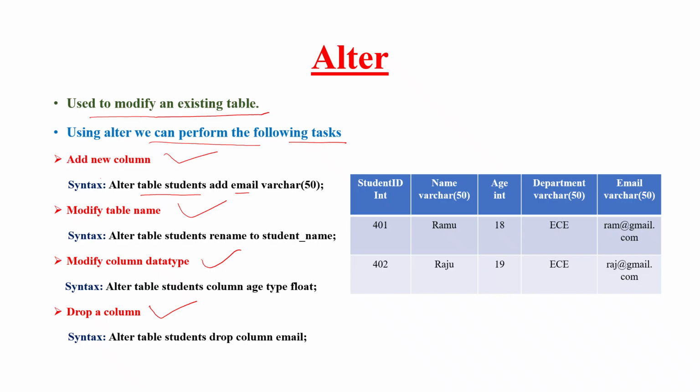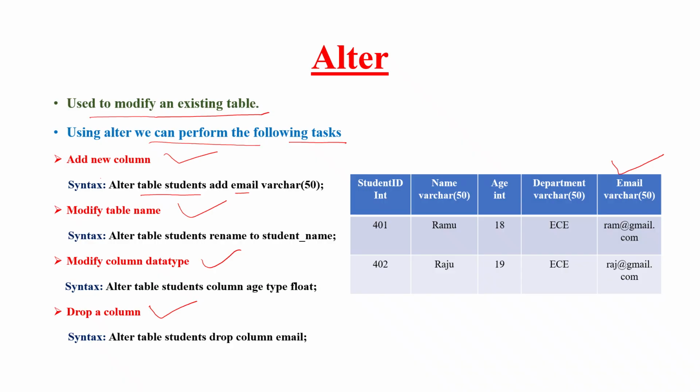So in the existing table, there are already 4 columns: student ID, name, age, department. By adding one more column, email, it is added like this. So this is how we add a new column.